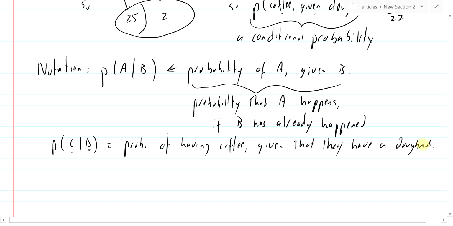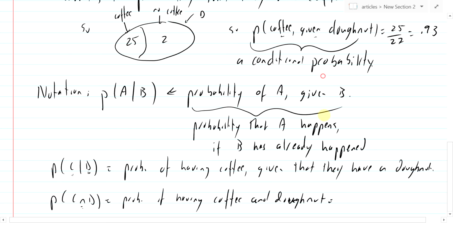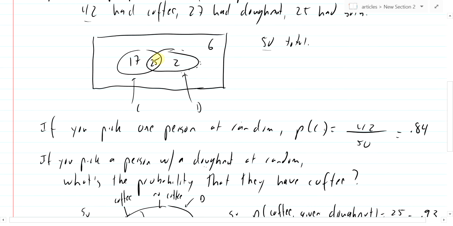Okay. Note that the probability of C intersection D is the probability of having coffee and donut, and in this case, that's 25 out of 50.